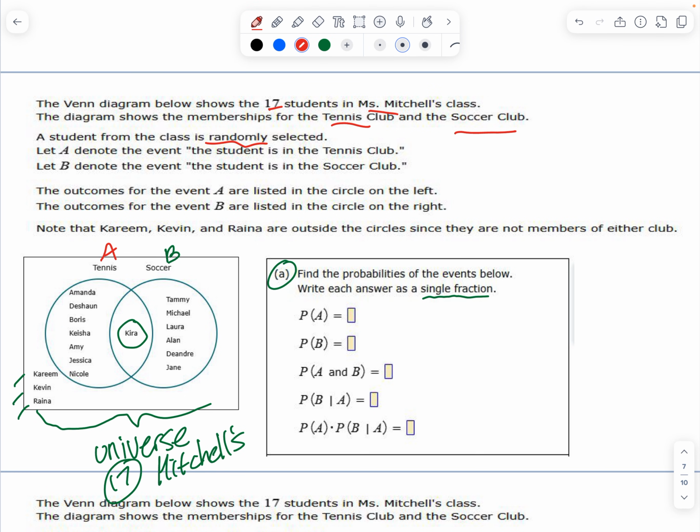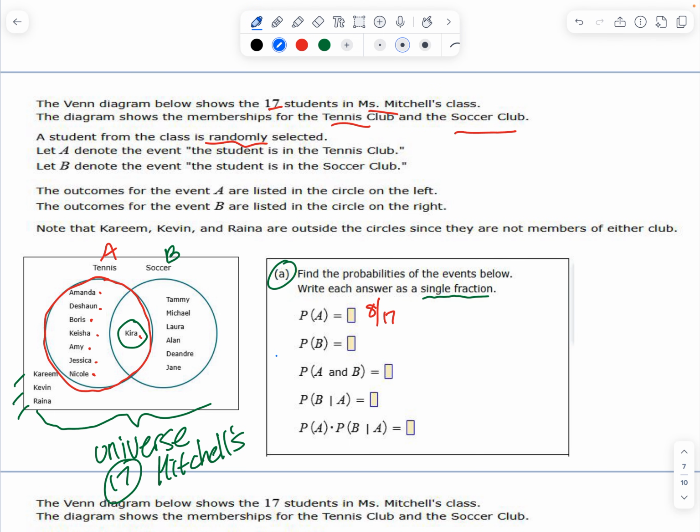Okay, the probability that you would walk in, let's just say blindfolded, and pick someone out of Mrs. Mitchell's class, and they happen to play tennis. All right, let's highlight that. So we got 1, 2, 3, 4, 5, 6, 7, 8 people out of the whole universe. That'd be 8 chances out of 17 that you would grab somebody that plays tennis.